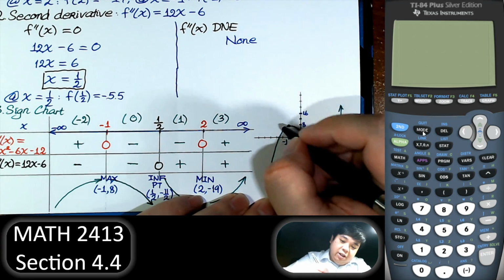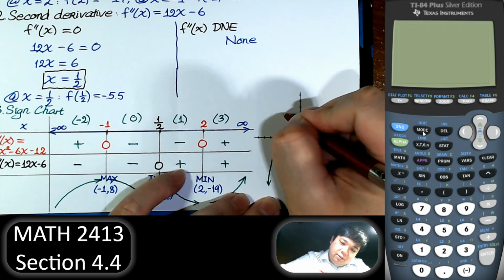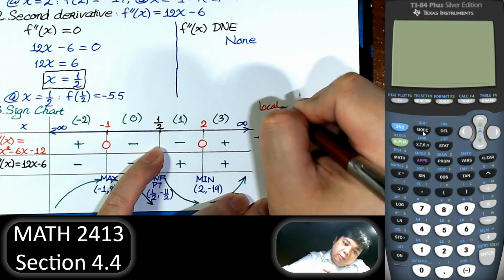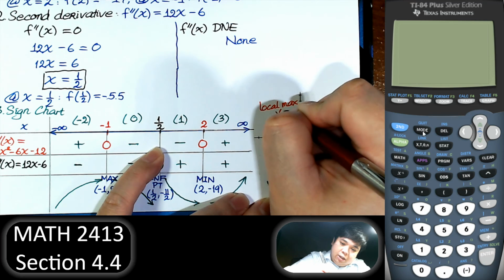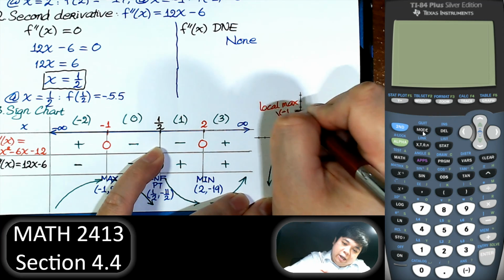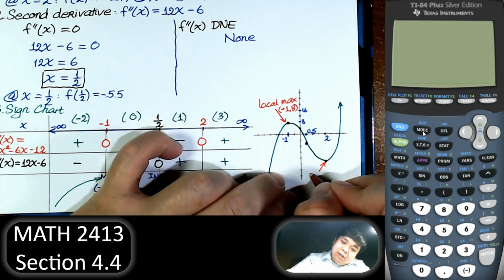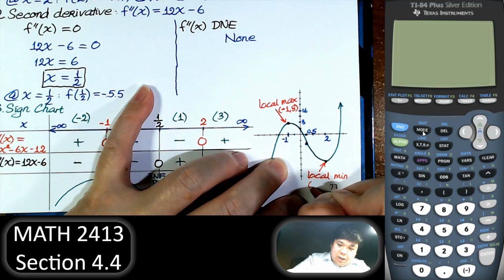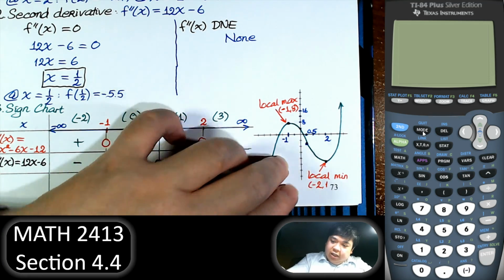So here we have the local max, and this is negative 1 and 8, a local min, negative 2 and negative 19.